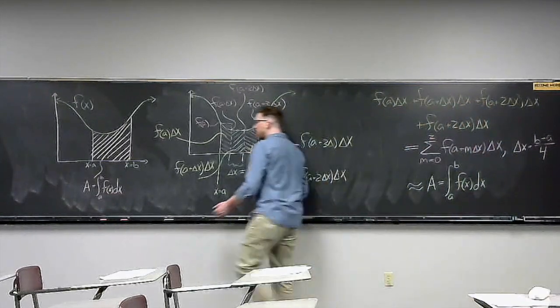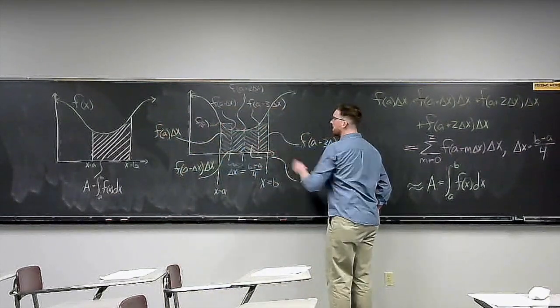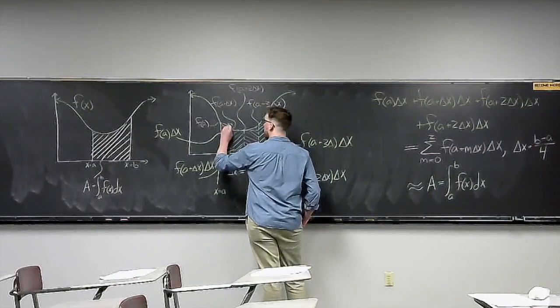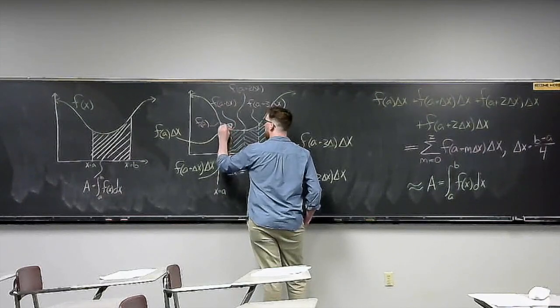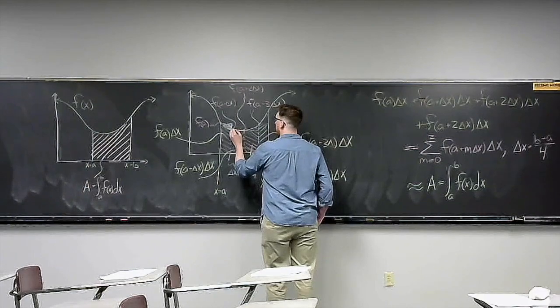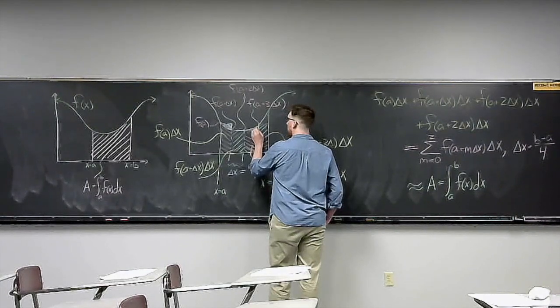Sure, because check out what's going on up here. In this picture here, this rectangle is overshooting our function a little bit. This rectangle is overshooting our function a little bit. This rectangle has an area that's undershooting a little bit.